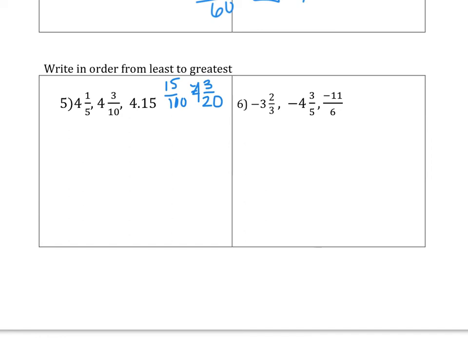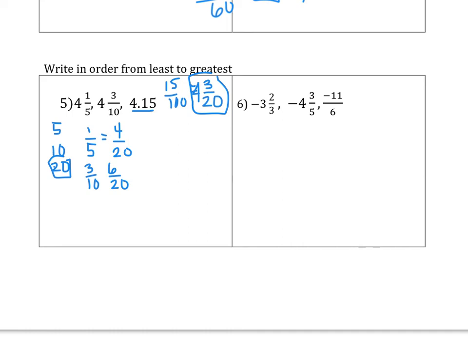Now I have those at least all in the same form, and I need to find the common denominator. So I have a 5, I have a 10, and I have a 20. So just by looking at these, I know that 20 is going to be the common denominator. So then I need to turn 1/5 into 4/20ths, and 3/10 is going to be 6/20ths, and then this right here is 4 and 3/20ths.